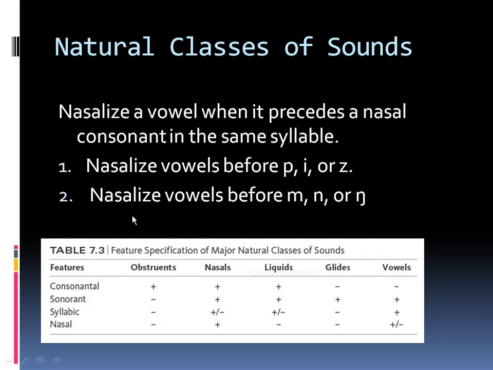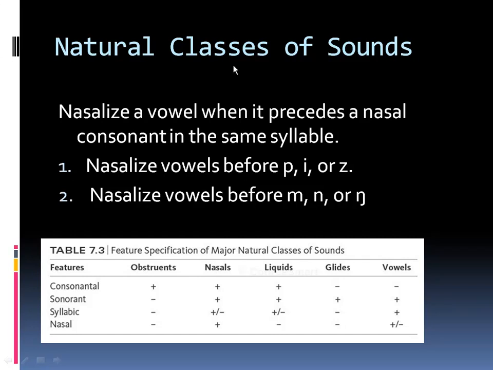Okay, let's look at these two hypothetical rules. One is nasalized vowels before p, i, z. The other is nasalized vowels before n, m, and so on. The first is all over the place, but these are all nasal sounds. This seems more natural, right?